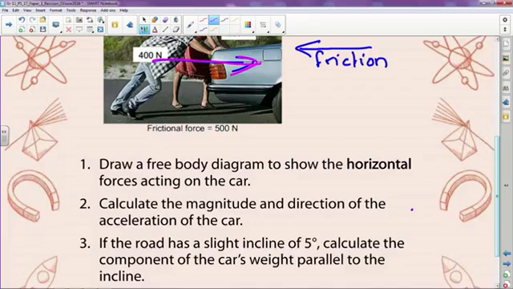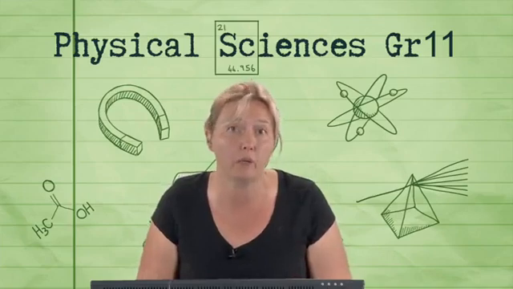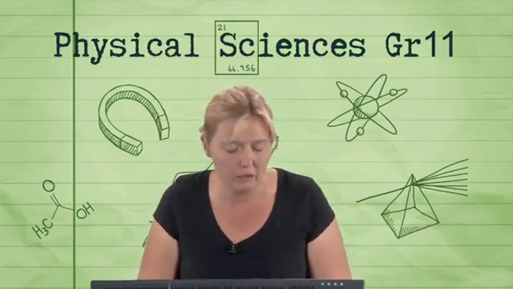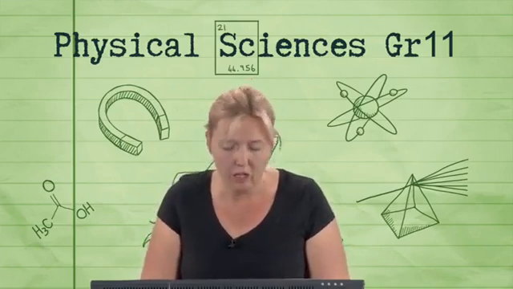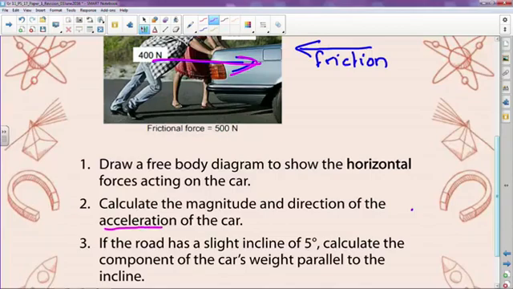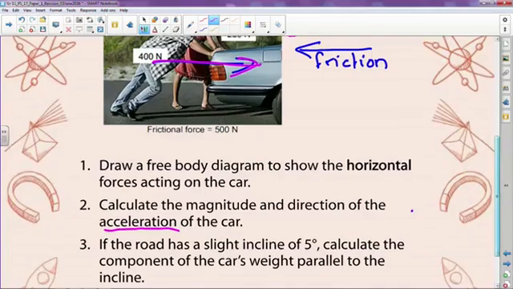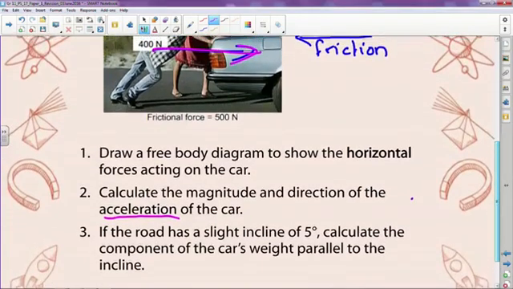You'll either get asked to draw a free body diagram or a force diagram, but they're asked. They're very common questions, so we need to make sure that we know how to do them. Then the second one is calculate the magnitude and direction of the acceleration of the car. And then the third one is if the road has a slight incline of 5 degrees, calculate the component of the car's weight.